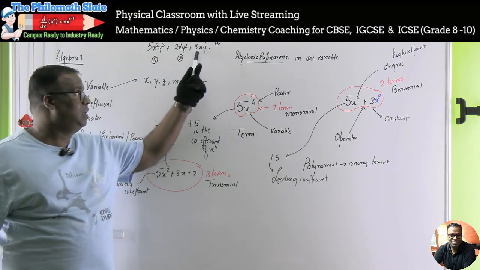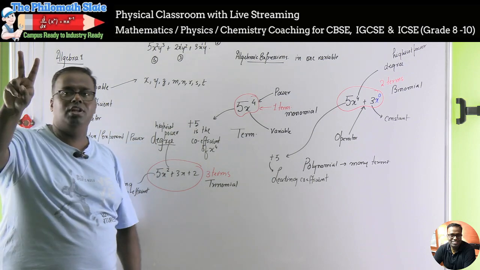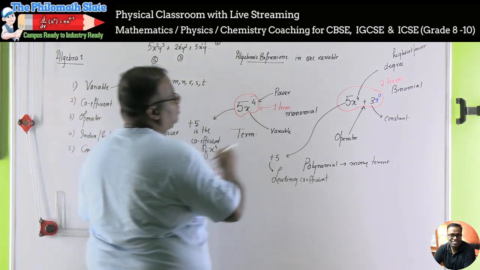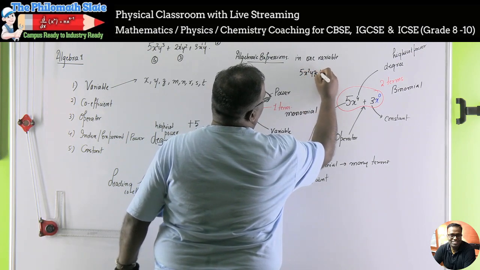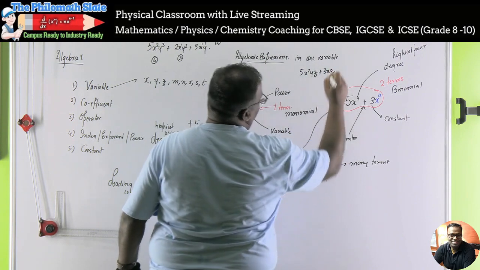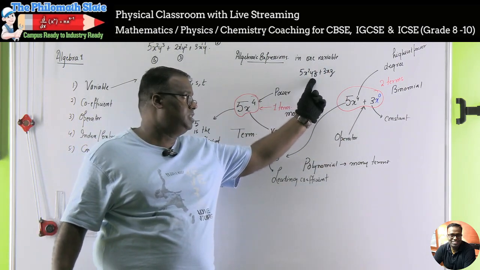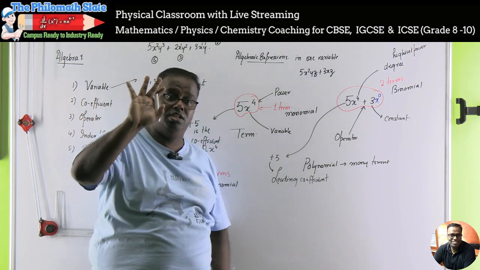If you see 2 literals, 2 English letters, then there are 2 variables. And if I write, suppose I am writing something like 5x square yz plus 3xz, now here there are 3 variables. You see, x, y, z. Here y may not appear in a term, that's different, but the algebraic expression has 3 variables.